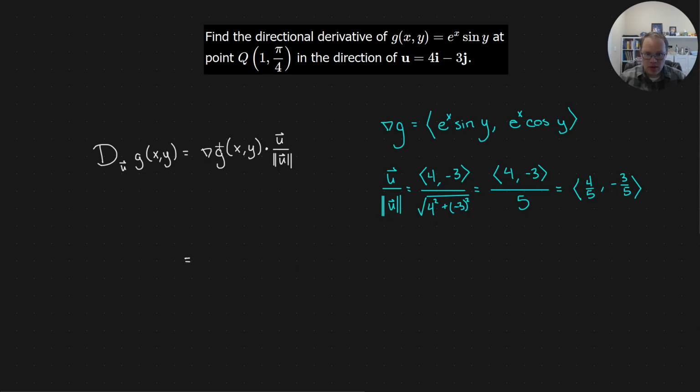I'm going to get the gradient of g, that is e to the x sine of y, comma, e to the x cosine of y. I'm going to take the dot product of that with the unit vector pointing in the direction of vector u, which is 4/5 comma negative 3/5.